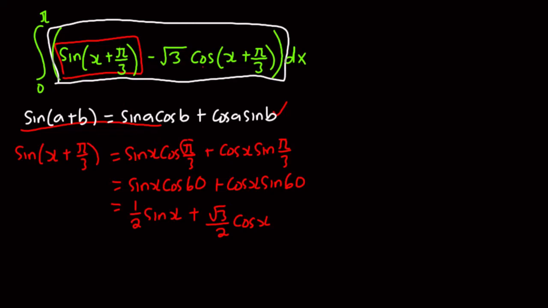Now let's move on to simplify cos(x + pi/3).